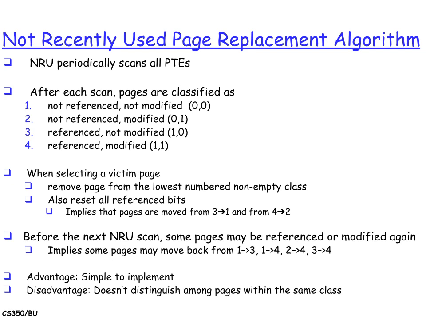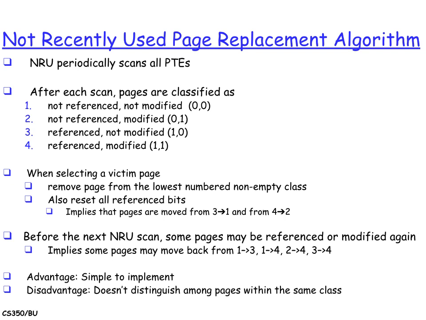If a page was in class 1, it may move to class 3 if it's referenced, and to class 4 if it is modified. If it was in class 2, then it could move to class 4. If it was in class 3, it could move to class 4. So pages can move between NRU scans, and then at the next NRU scan, the next victim page would be selected, and the reference bits would be reset.